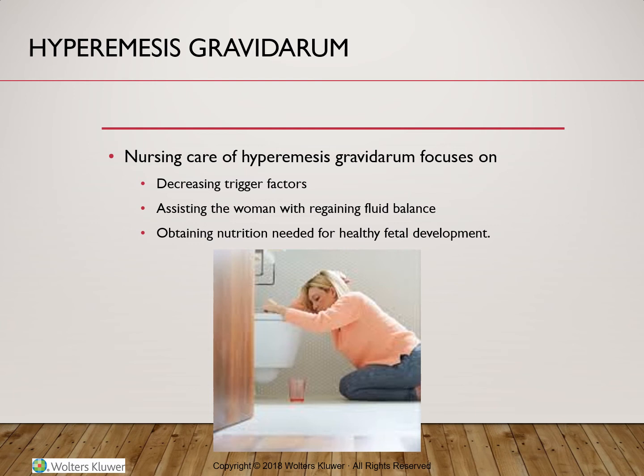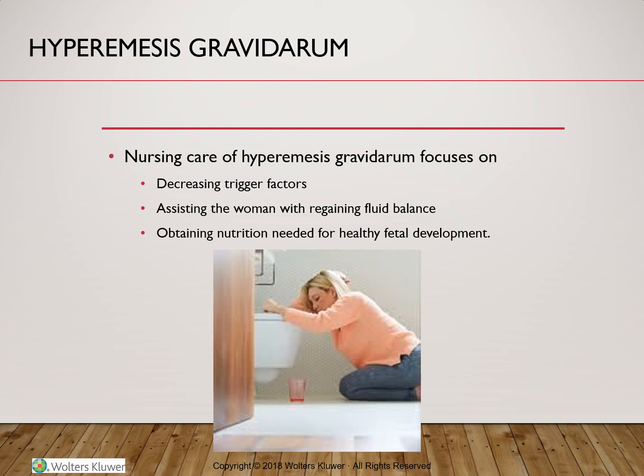This medication can be given parenterally or as suppositories until the vomiting is under control. Once the vomiting is under control, they can be taken by mouth. In some cases, steroid therapy can be helpful in those intractable cases. And in very rare cases, one may require enteral feeding or parenteral nutrition.